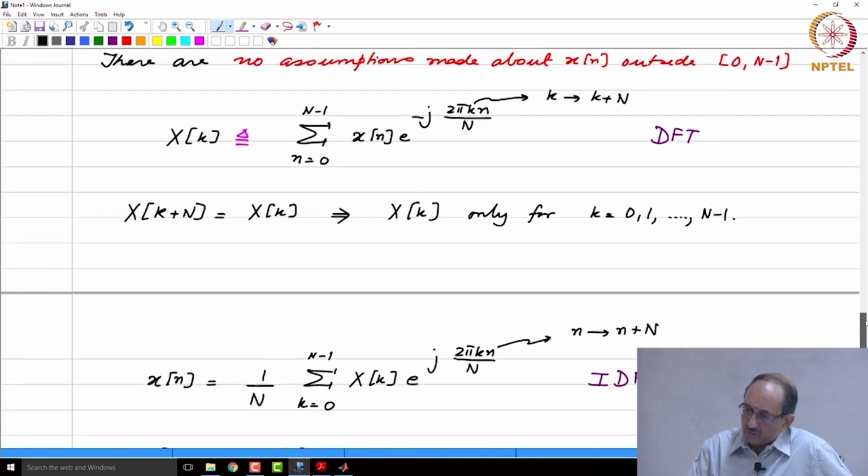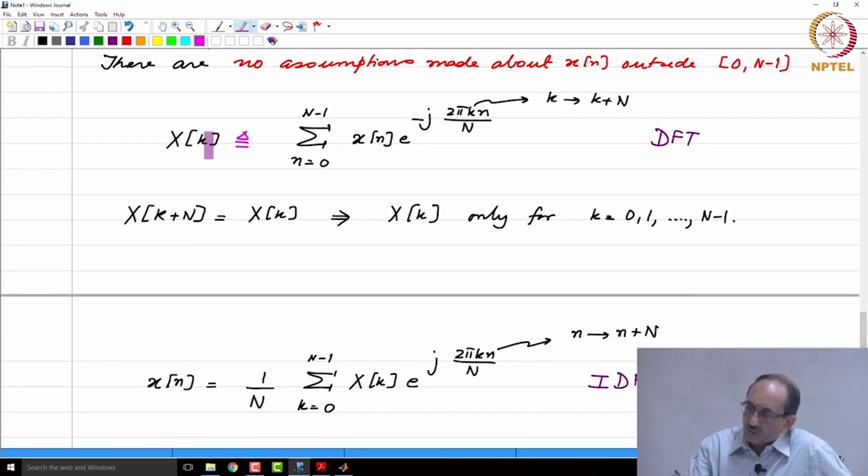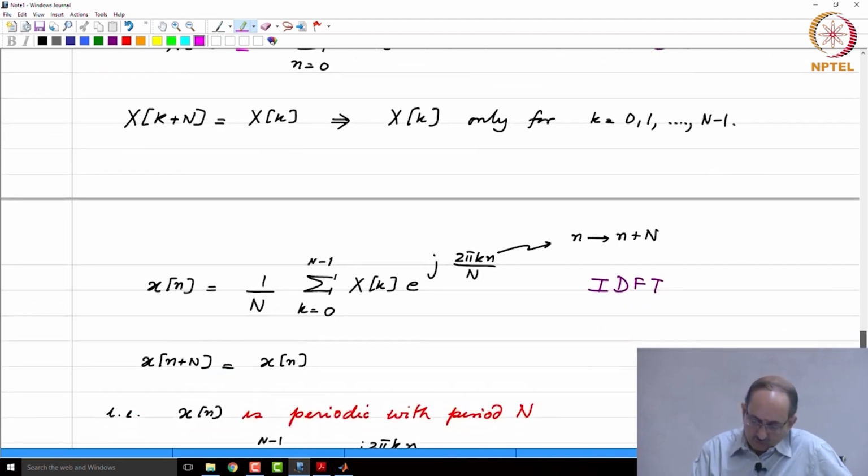By the way, X of k is called the kth DFT coefficient, and sometimes this is also called the kth bin. So, k is also called the bin index, a standard term used in the literature.